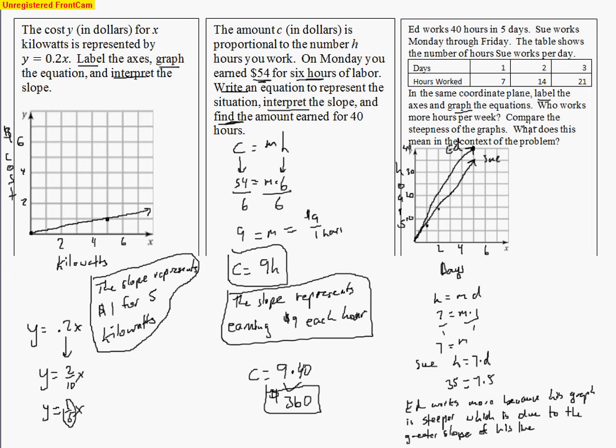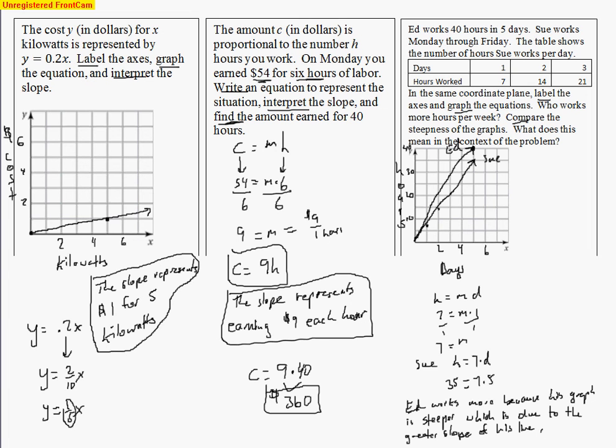And that is doing this next part, which was who works more per hour. So we said that Ed does. And compare the steepness of the graphs. What does this mean in context of the problem? And so the steepness means that Ed works more because his graph is steeper. He works more per hour because his slope is greater.